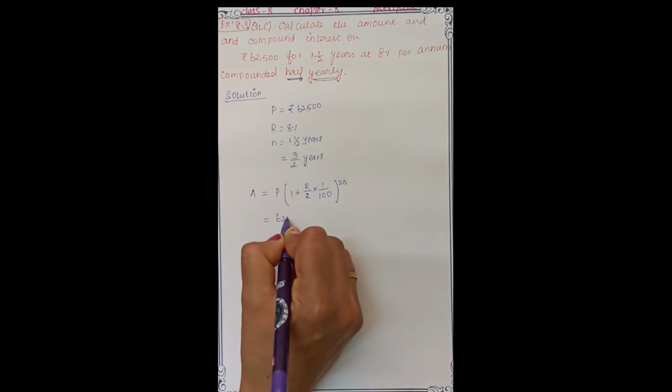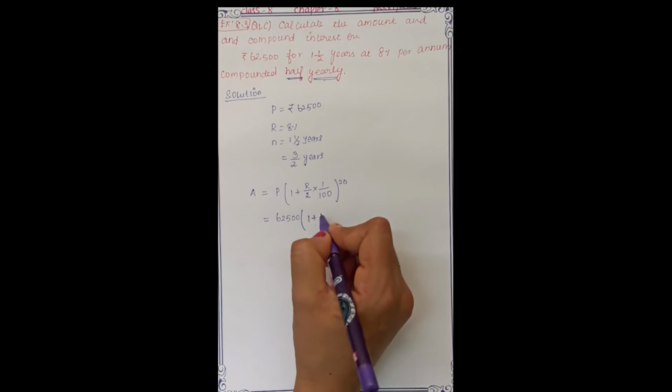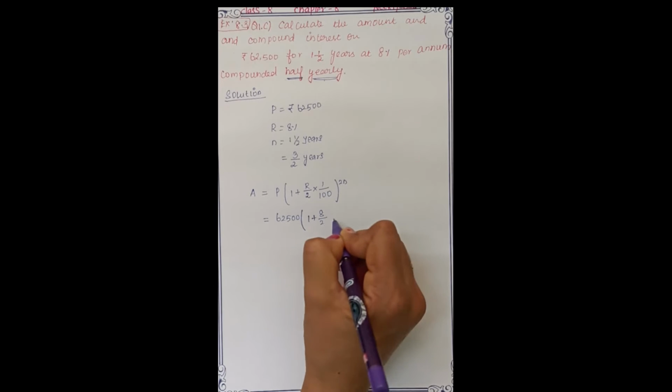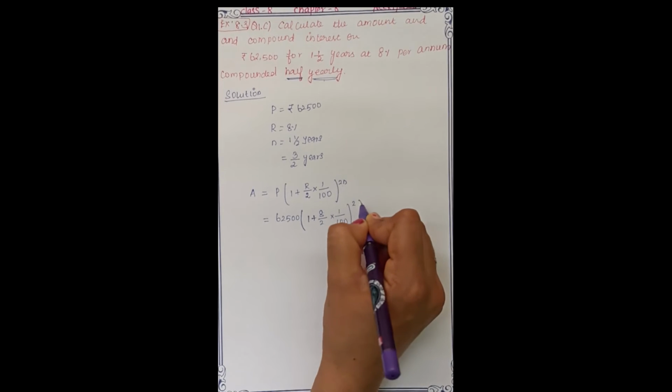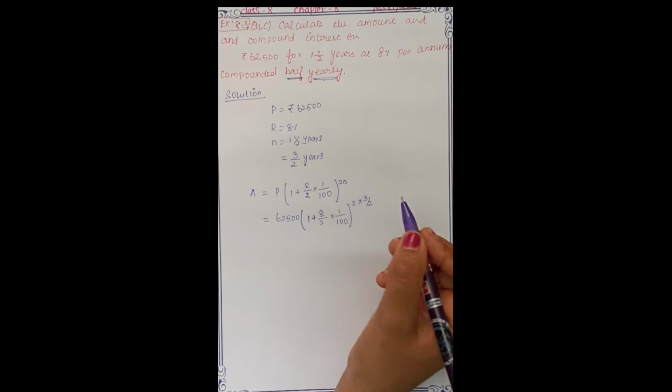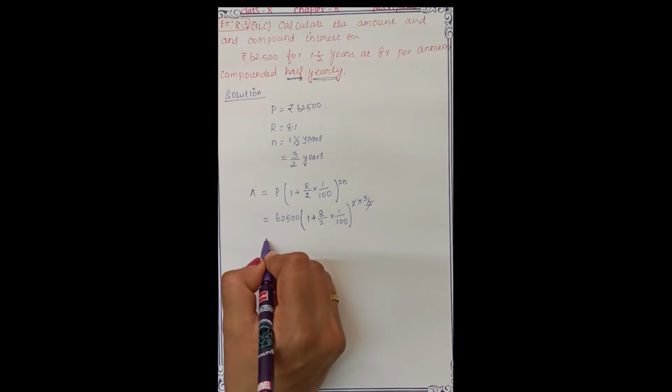So principal is 62,500, (1 plus 8 by 2 into 1 by 100) to the power 2 into n, which is 3 by 2. So cut this 2 and this 2.